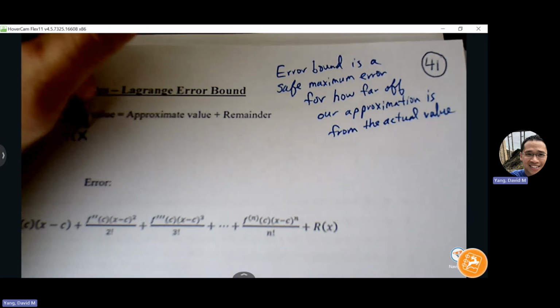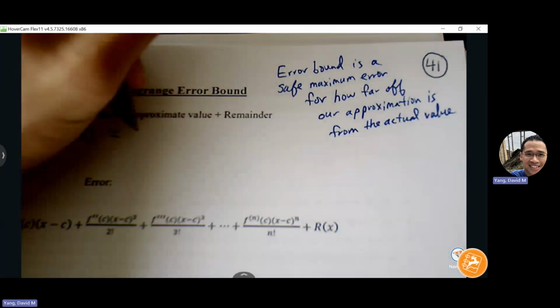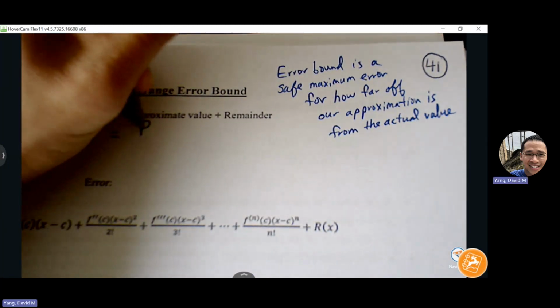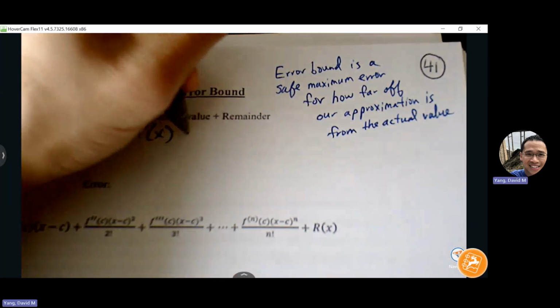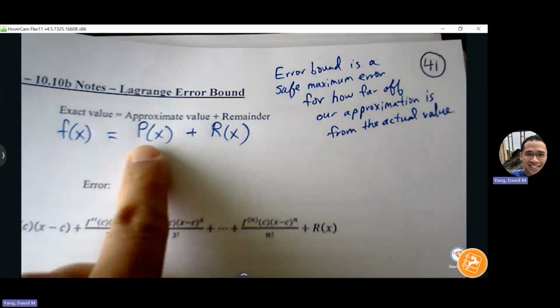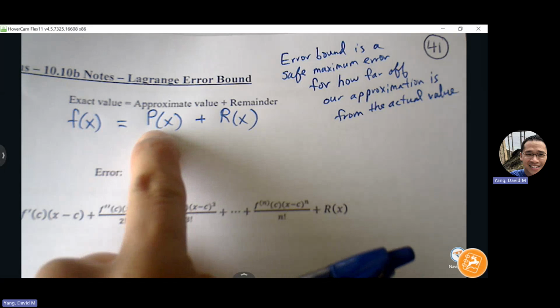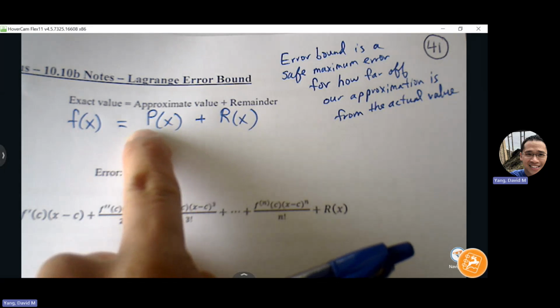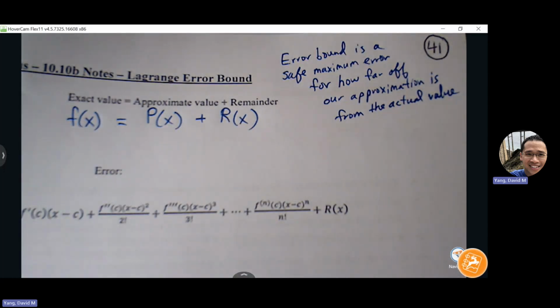The exact value is going to be some Taylor polynomial plus some remainder. And obviously, the more terms we use in our Taylor polynomial, the smaller our remainder will be.